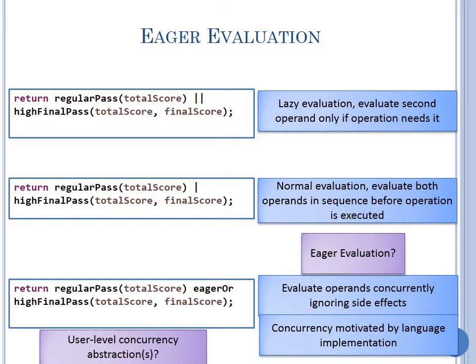The second operand is evaluated only if necessary in most languages. And eager was something we haven't seen in languages so far, and there's no good definition of eager that I could find. So we'll just define it ourselves.